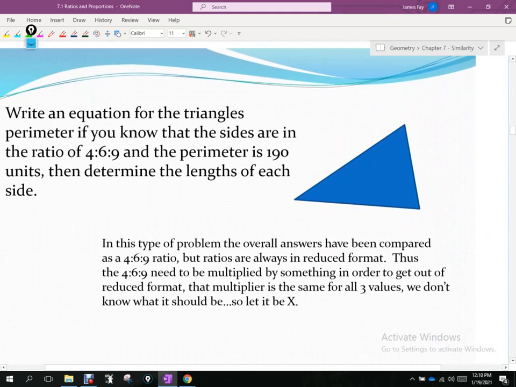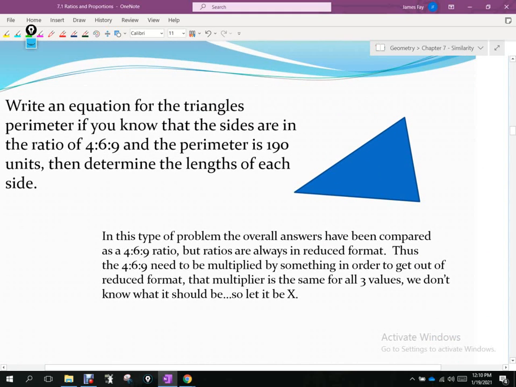Here's an example where extended ratios come into play. Basically, extended ratios are usually going to be provided to you as simplified ratios. So they're saying that the sides of this triangle are in a simplified ratio of 4 to 6 to 9. They tell you that the perimeter is 190 units.